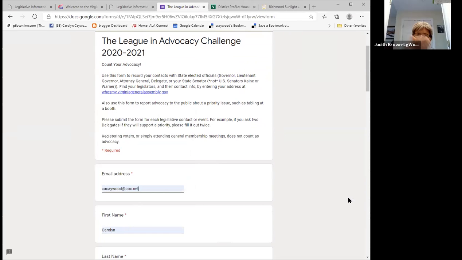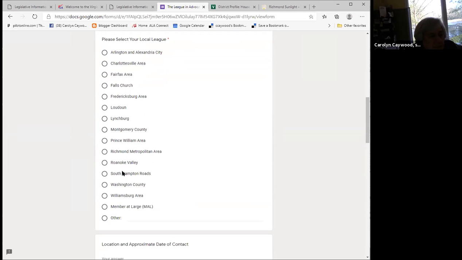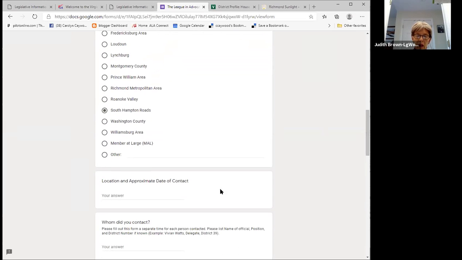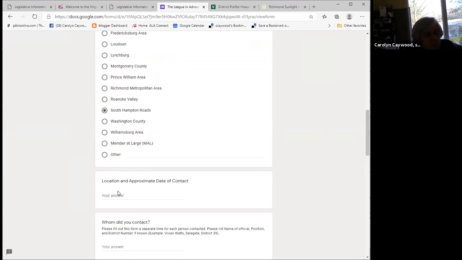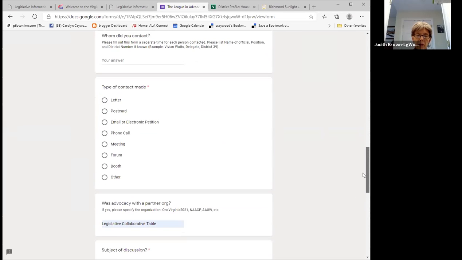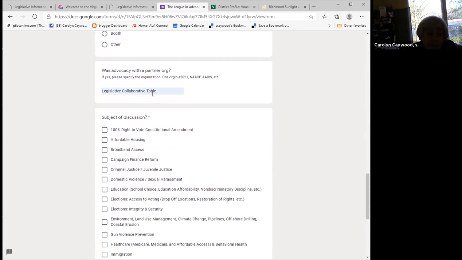Judith, do you mean it'll hold the whole form, or just the top part? It'll hold the top part. You're still going to have to check Southampton Roads. Right, because that changes every time you make a contact. Yeah. Okay. But it did remember that.